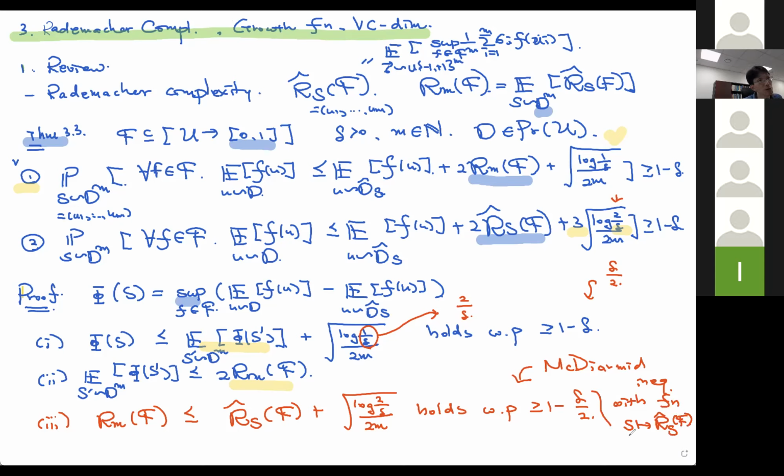If we give a sequence of examples, written as S, which is u1 up to uN, then we can compute the empirical Rademacher complexity. And then the right-hand side that you see here is an expectation of the quantity that we care about.